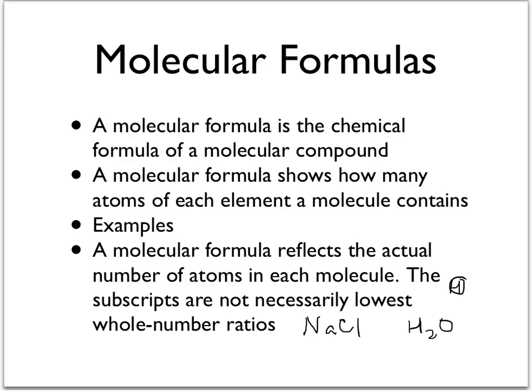There's a hydrogen atom bonded to an oxygen atom and another hydrogen atom there, and you get this molecule that acts independently from all the other molecules of water. And the other thing is they don't have to be in whole number ratios. For instance, you could have hydrogen peroxide, which is H2O2. Now that's not the lowest whole number ratio, and certainly HO is the same ratio, but since this molecule exists as 2 hydrogens and 2 oxygens, that's what we write for the formula.